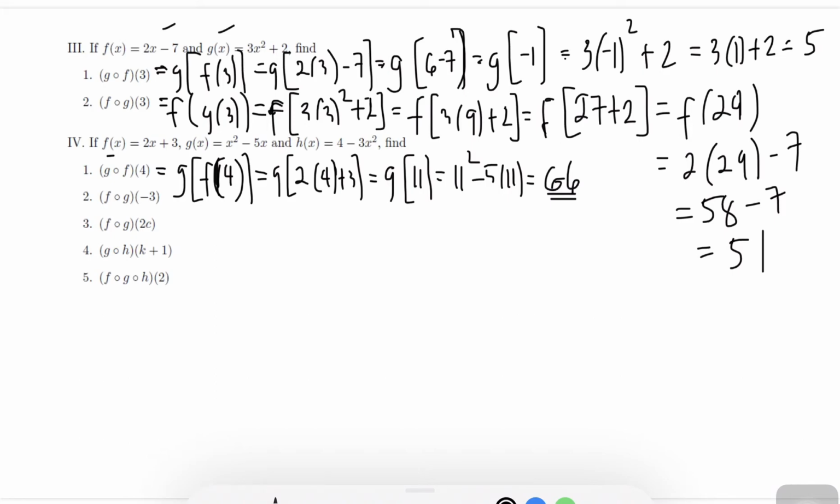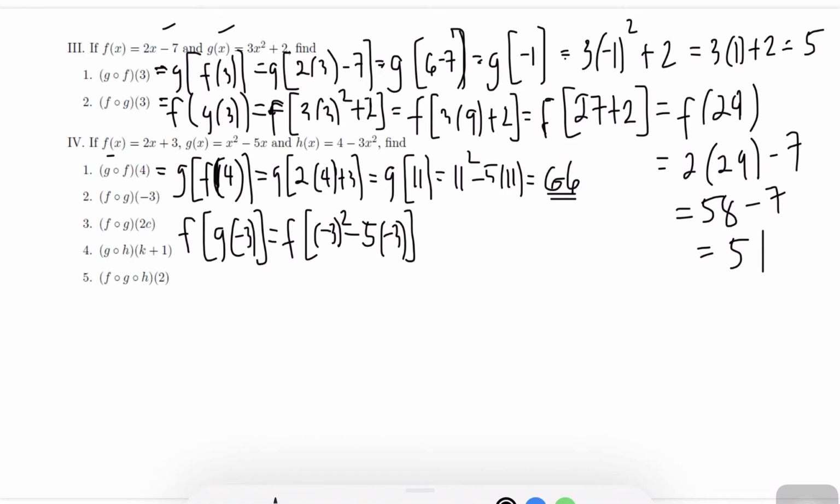Next, for number 2, f of g of negative 3. So f of, what is g of negative 3? G is x squared minus 5 times negative 3. Again, you use your calculator.